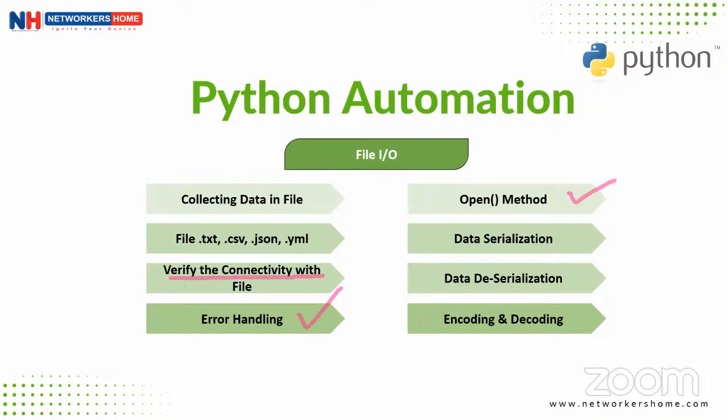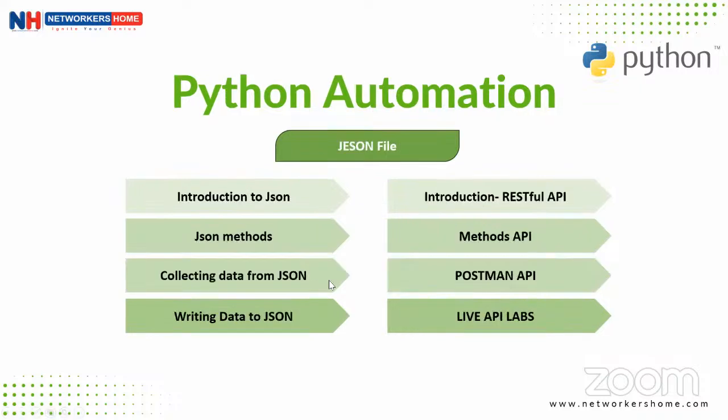There is a significant difference between each of these terms we just discussed. So we'll understand in detail what serialization, deserialization, encoding, decoding, and encryption and decryption are as well. Okay.